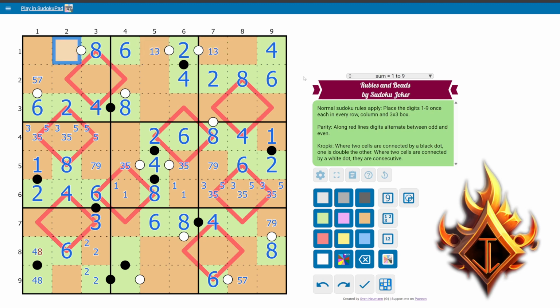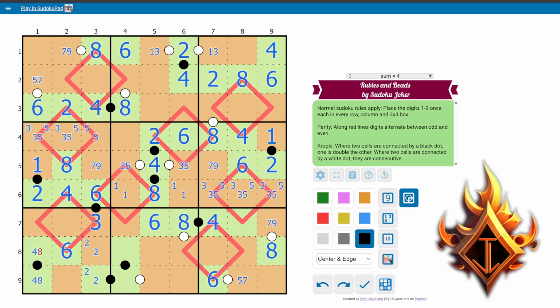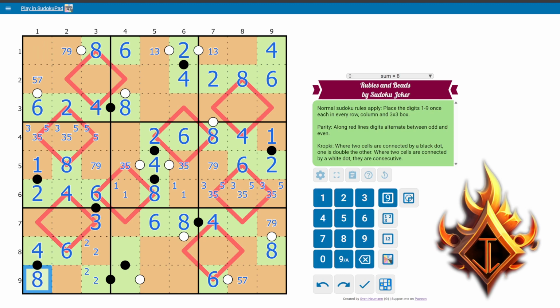This will be a 7, 9. This will become 4. This will be a 3, 5. That will have to be 2. That will be 2. That is all of the evens now.